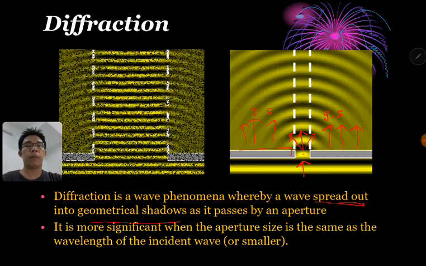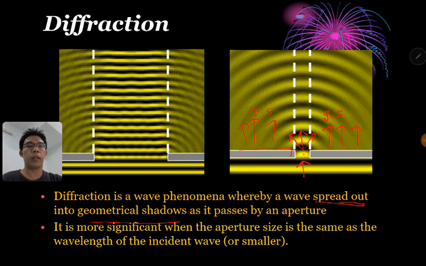What if the opening is too big? The opening, as in this size here, is too big, very much bigger compared to the wavelength. What you see here are the wave fronts. The distance between two wave fronts is the wavelength. Compared to the separation here, this L, if the opening is too big, then it won't be nice.